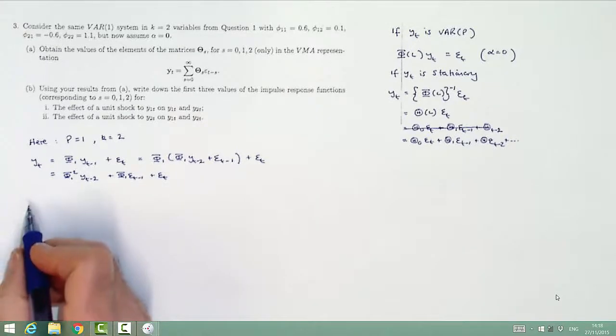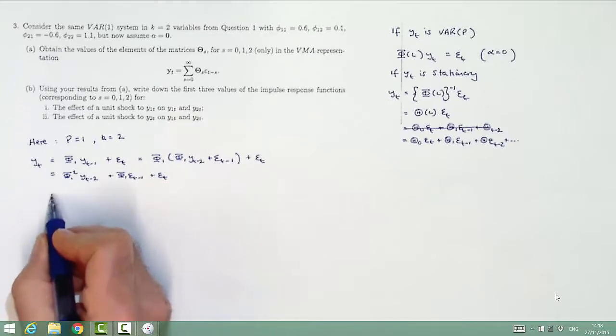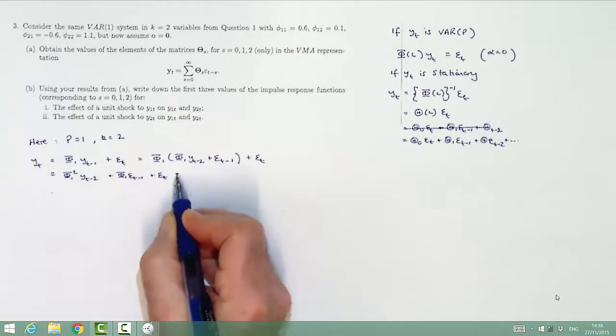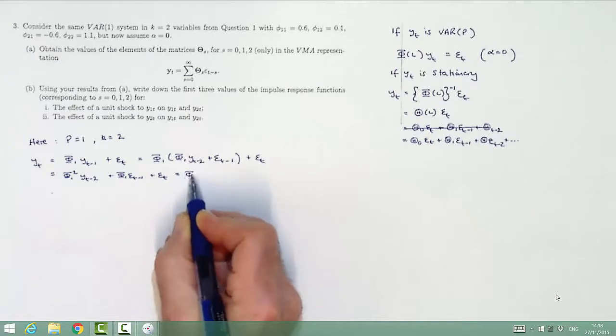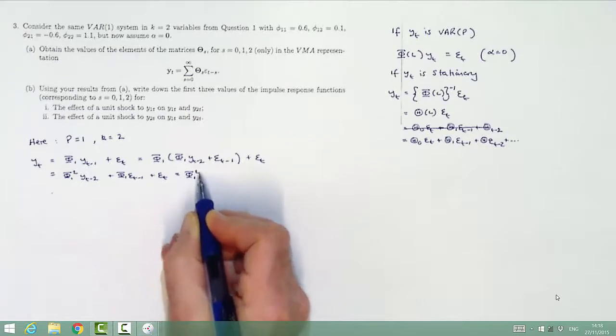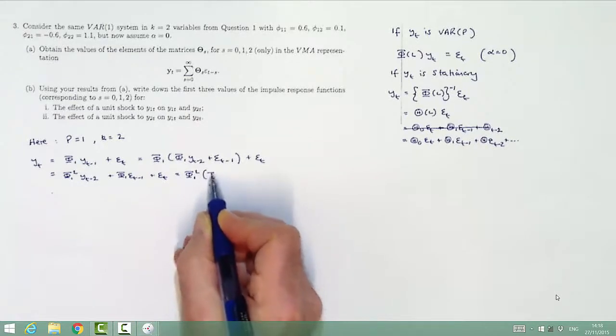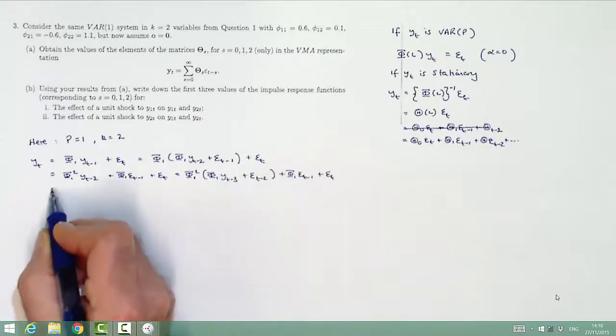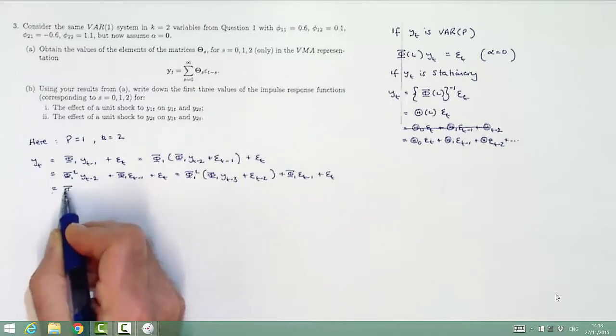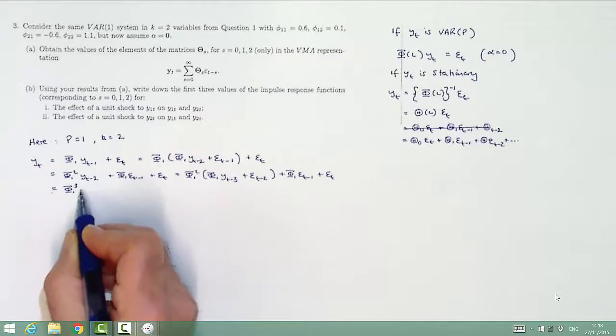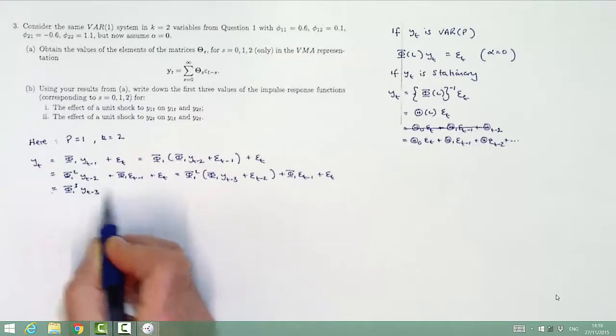Again, substituting for y_{t-2} using the data generation process lagged 2 periods, we get the following expression. And again, collecting terms, we obtain the following.